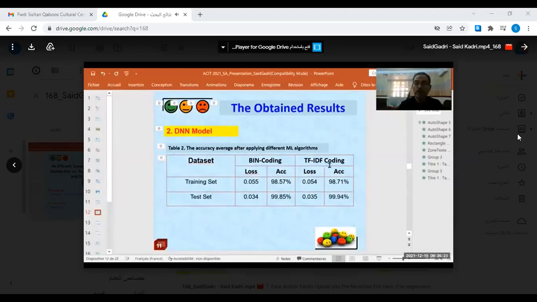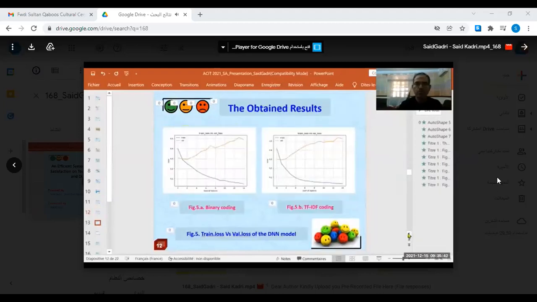But for the TF-IDF, we can see a small improvement in accuracy for the training set and the testing set. For example, for the training set, we have obtained 98.71% and 99.94% for the testing set, which are good results, because we can represent the obtained results by curves.